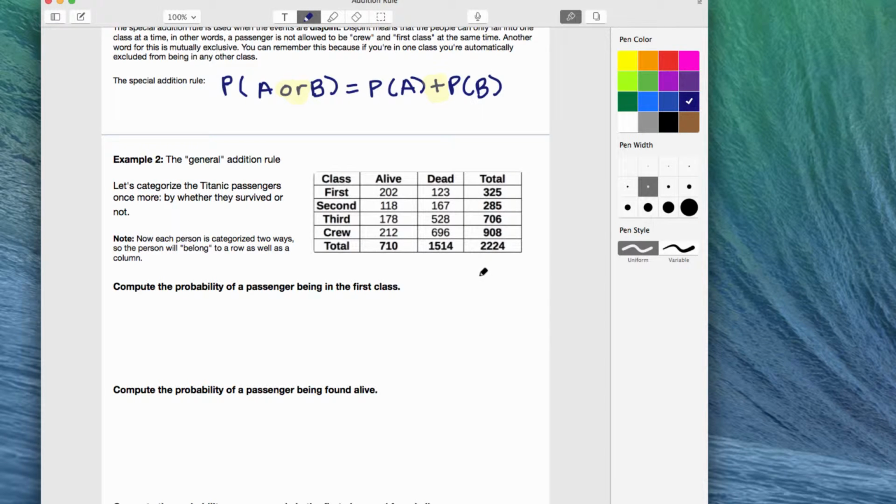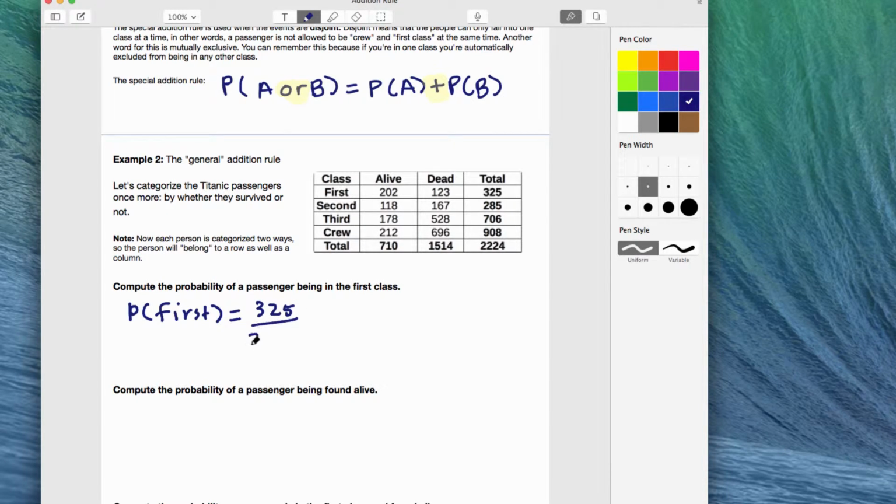Let's get to the addition rule by doing a couple of steps ahead of time. Let's compute the probability that a passenger was in the first class. So the probability that someone was in the first class, we look at the first class row, go all the way over to the end and find the total, and we get 325.